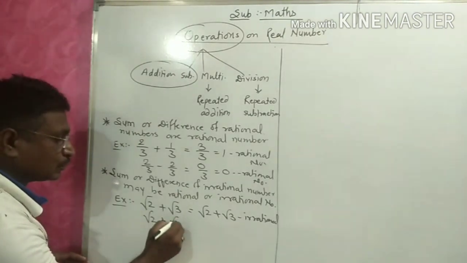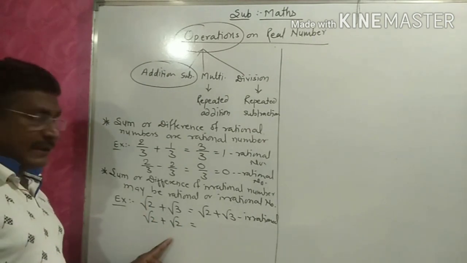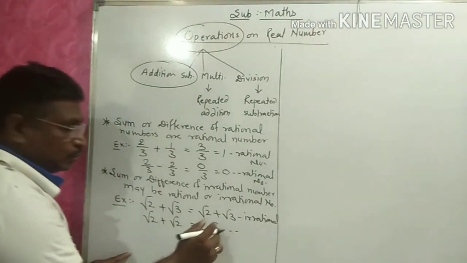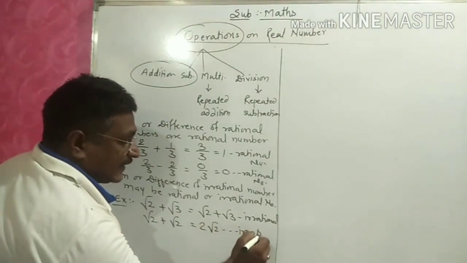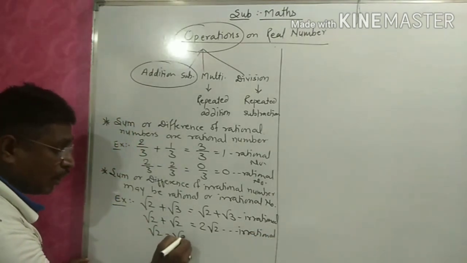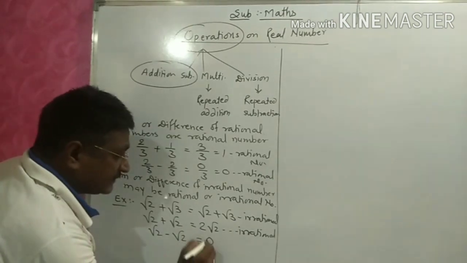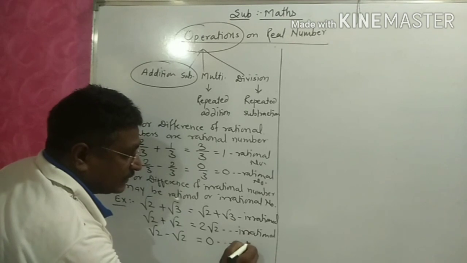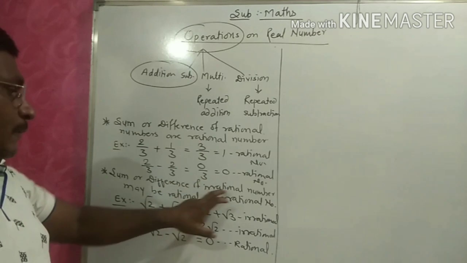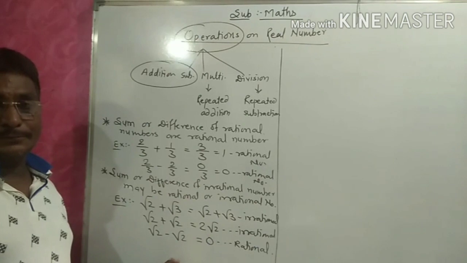Root 2 plus root 2: the sum of two same irrational numbers is 2 root 2, which is also an irrational number. But the difference of the same irrational number is 0, which is rational. So the sum or difference of irrational numbers may be rational or irrational.